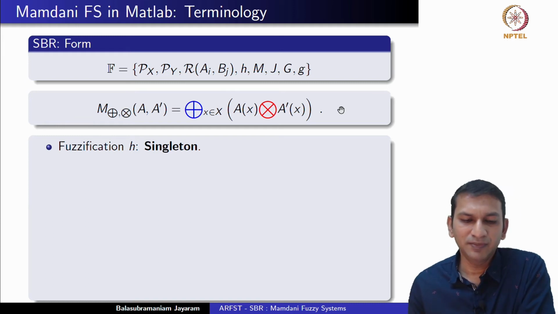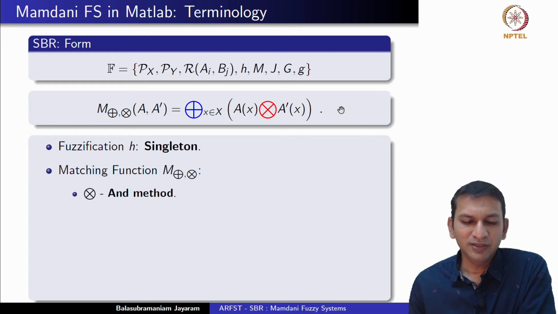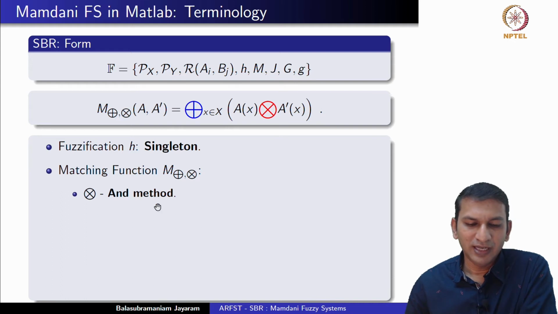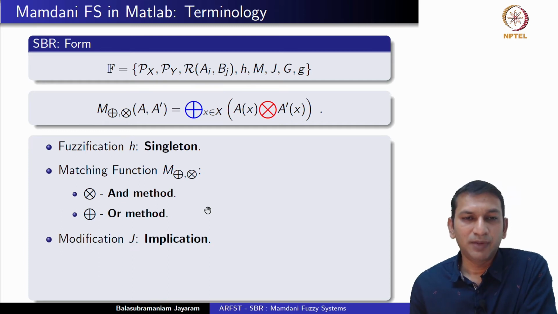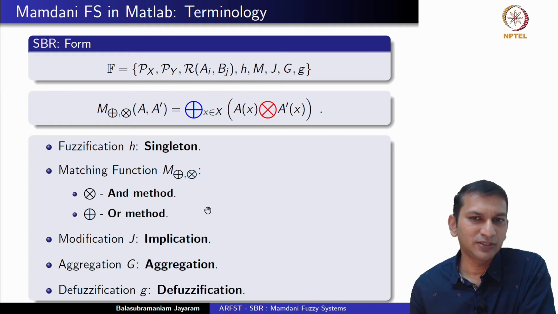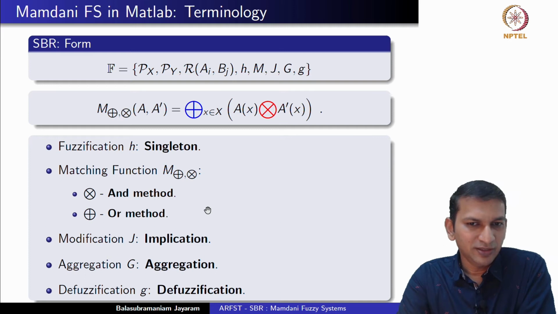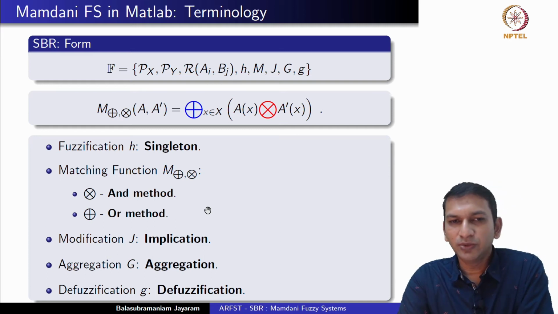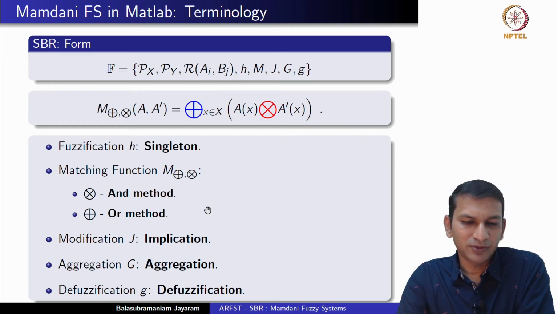For the matching function, the internal operation is called the AND method, and the external operation is called the OR method. Matlab calls modification as implication, aggregation as aggregation, and defuzzification as defuzzification. With this terminology, we are ready to move into looking at the Matlab code.